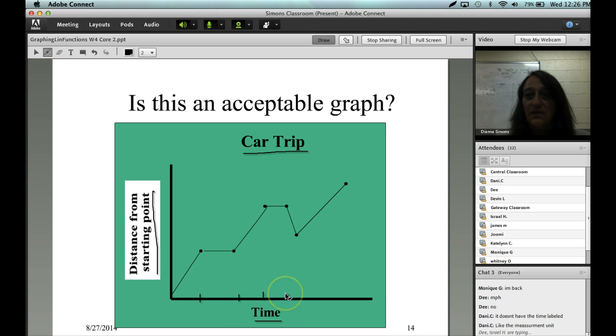But other than that, yes. All right, you guys. Pretty savvy there. It's almost acceptable, right? It's got your y-axis labeled, your x-axis labeled. It's got a title for the graph. It's got a graph. The only thing it doesn't have are these points. Good.